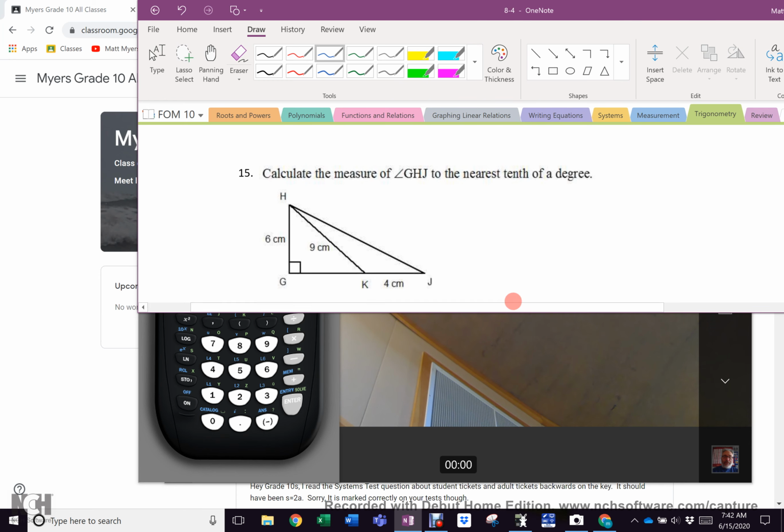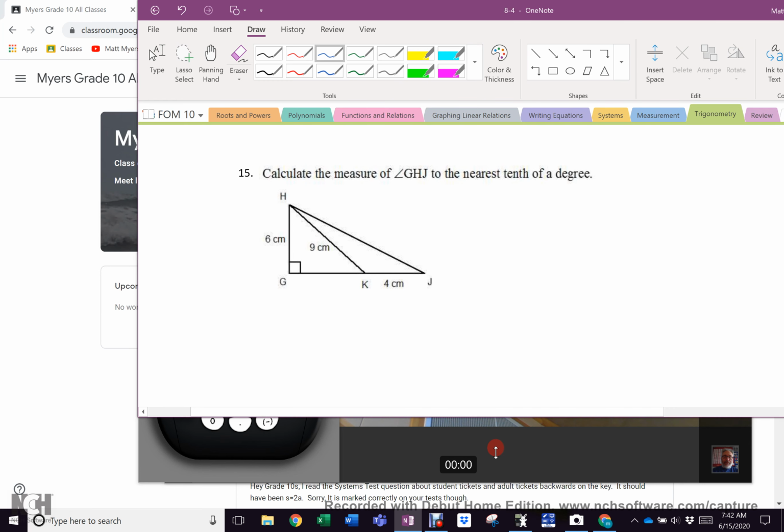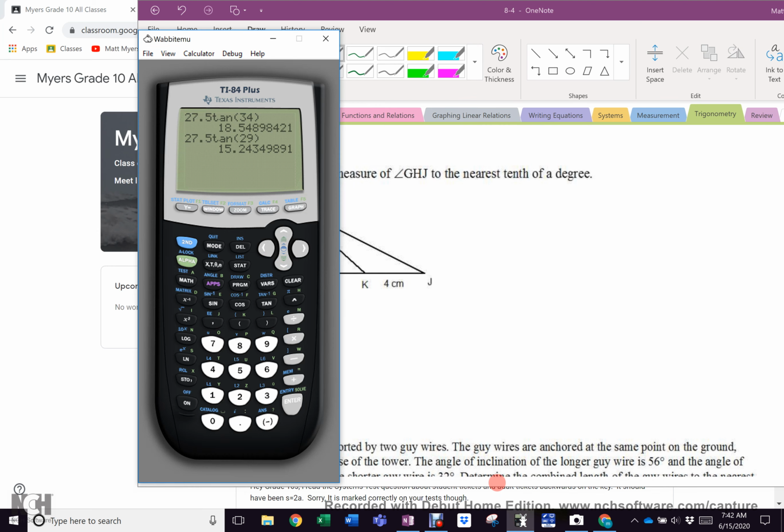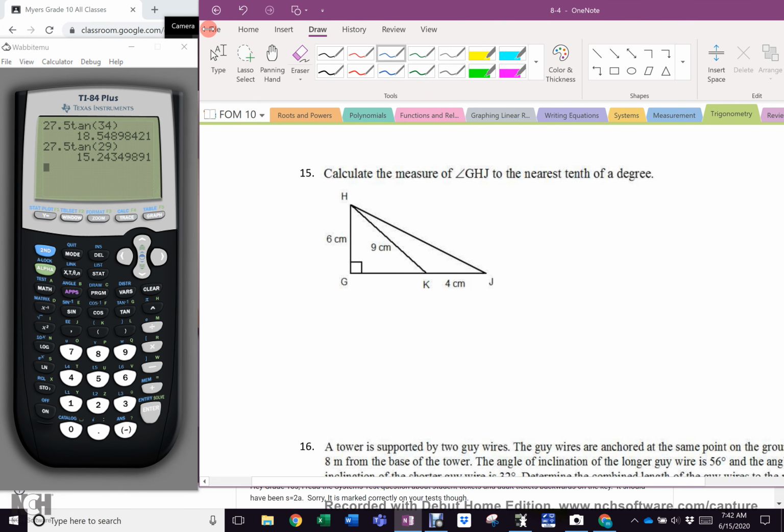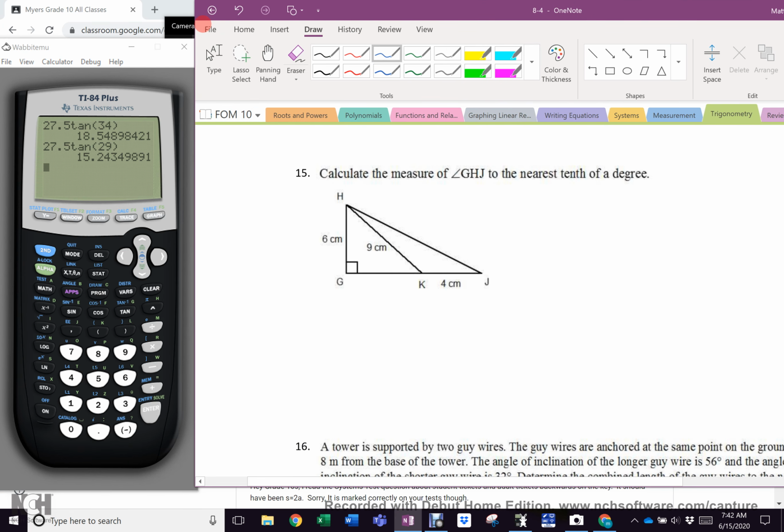I'm actually gonna do this so my calculator is almost always on the screen. There we go. Alright, this one's a little bit tricky.